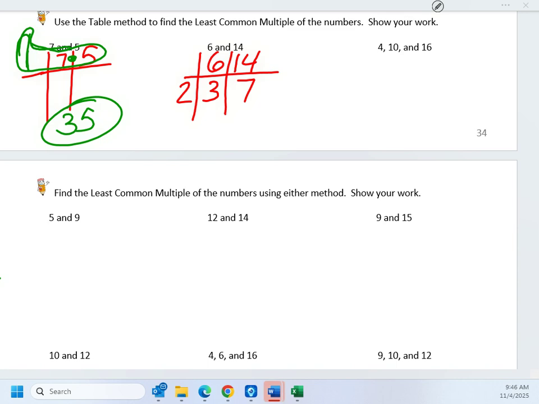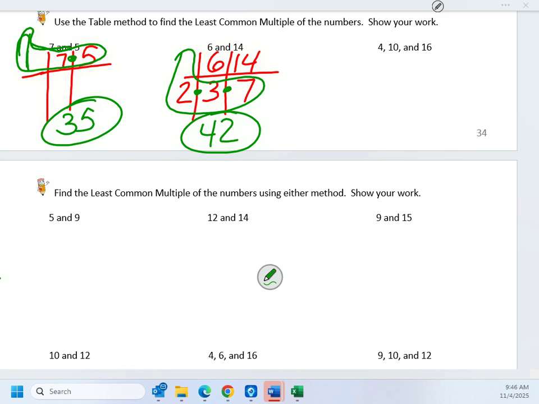No. So this time I don't have it. I only have the one number on the left and then the 2 numbers on the bottom. So 2 times 3 is 6. What is 6 times 7? Joy? 42. Yeah, another 6, 7, and it keeps popping up. So the least common multiple of 6 and 14 is 42.